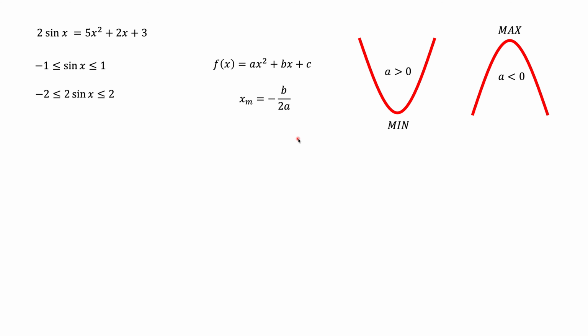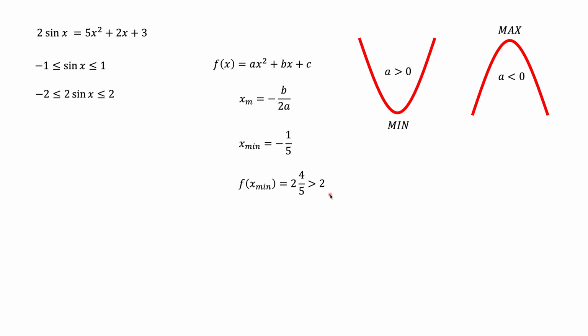So in our case, we have a minimum, b is 2, a is 5, so x of the minimum point is minus 1/5. Now if you substitute this minus 1/5 into the right hand side here, we're going to get that the minimum value of this function on the right is 2 and 4/5, which is clearly greater than 2.